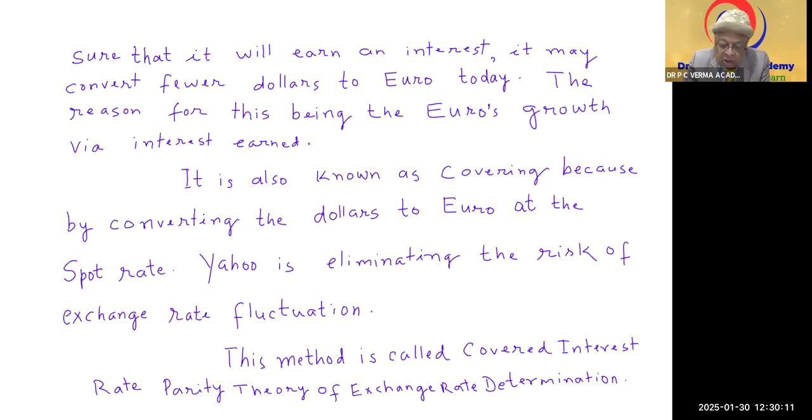In other words, covered interest rate theory also says that the difference between interest rates in two countries is nullified by the spot or forward currency premiums so that the investors could not earn an arbitrage profit. That's all.